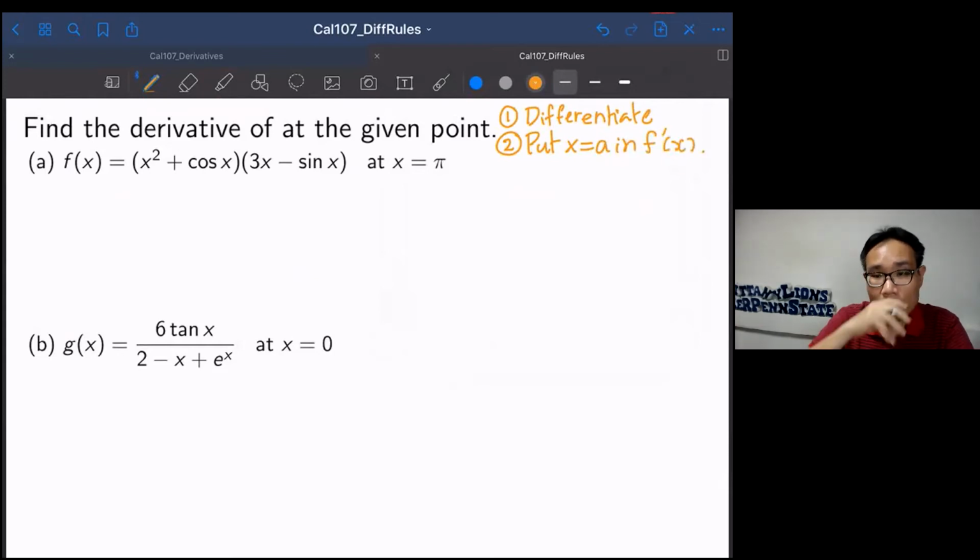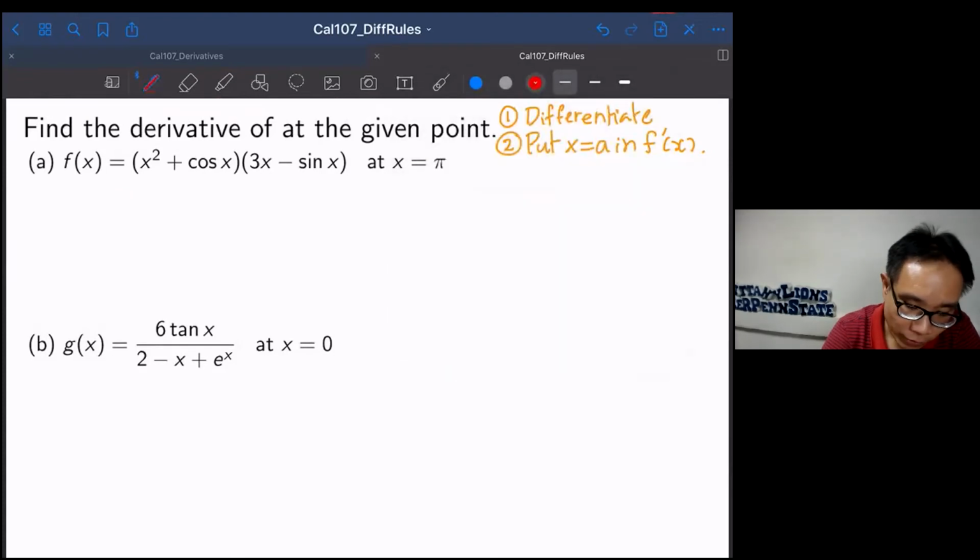So the solution consists of two steps: first you differentiate with respect to x, and then you put x equal to the given a.